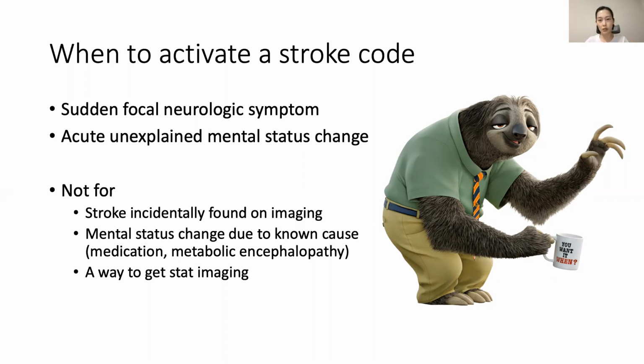Like if a patient is admitted with hypoglycemia, and you know that they are drowsy, definitely don't want to call a stroke code for that. And it's not a way to get you stat imaging, but have a very low threshold to call a stroke code and try to call it as quickly as possible.